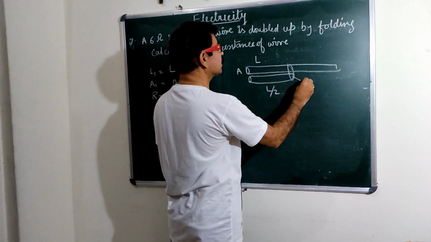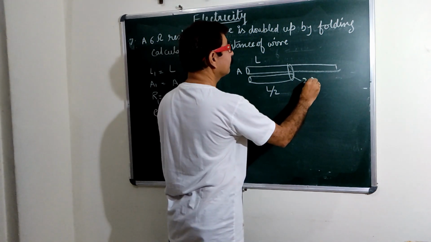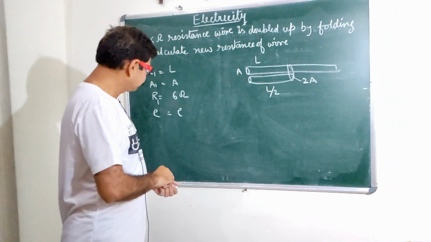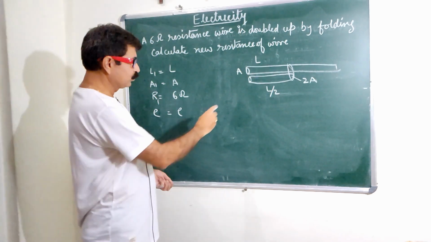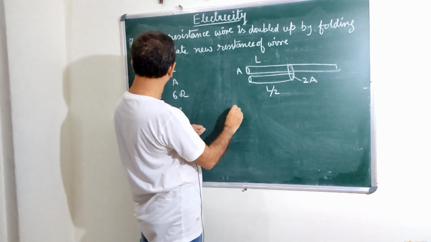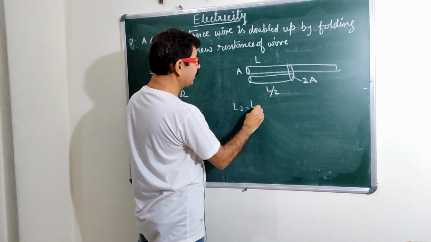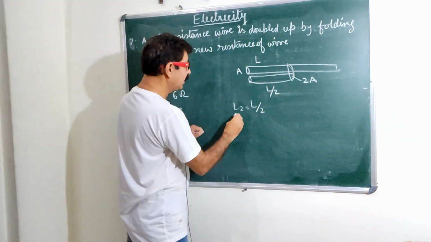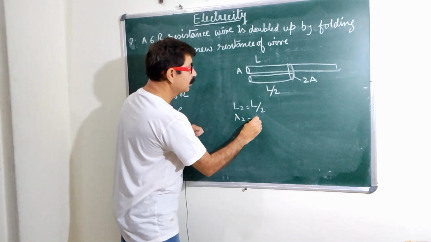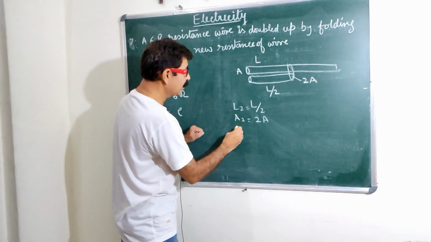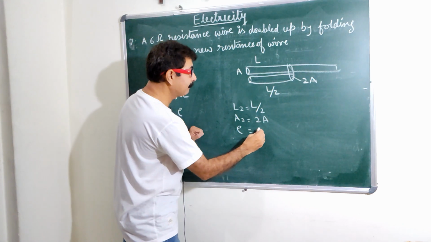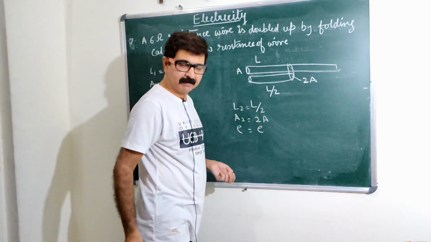Now this area cross section becomes 2A. In second case, length L2 you can say it is L by 2. A2 is 2A. Rho was same. There is no change because metal is same.